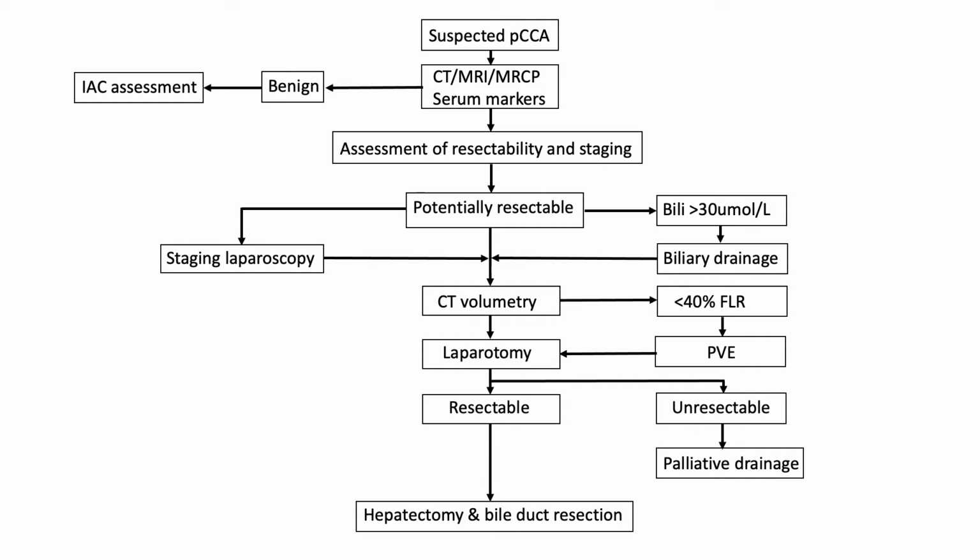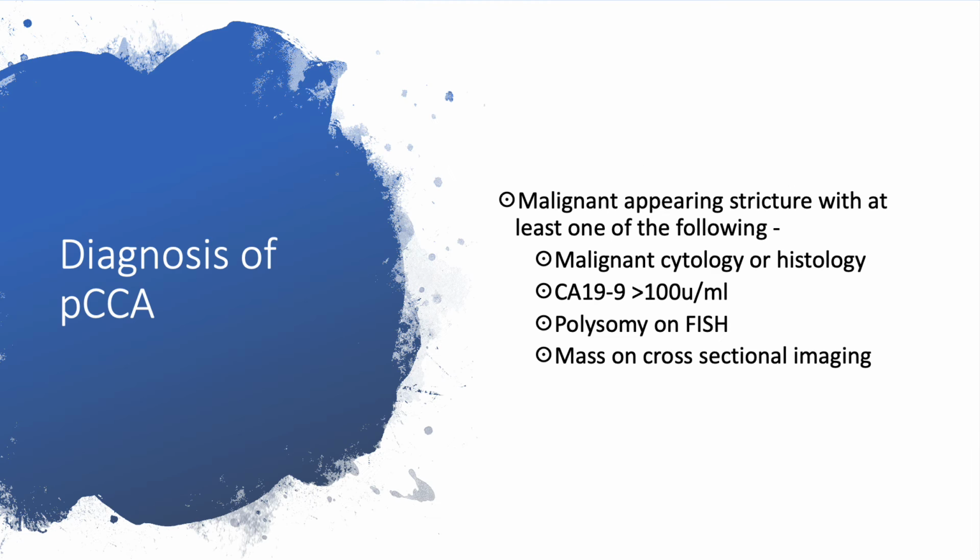To help us work through these variables, here's an algorithm that helps to consider all of these aspects. I'll work our way through this algorithm and work out the systematic process which one can use to try and look for whether a patient is resectable when they present with suspected cholangiocarcinoma.